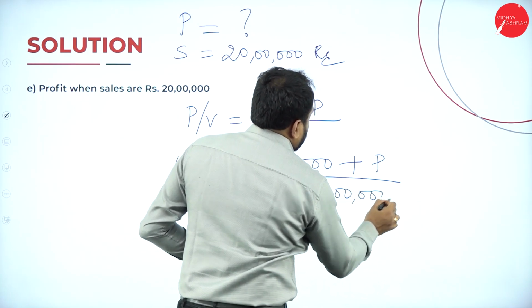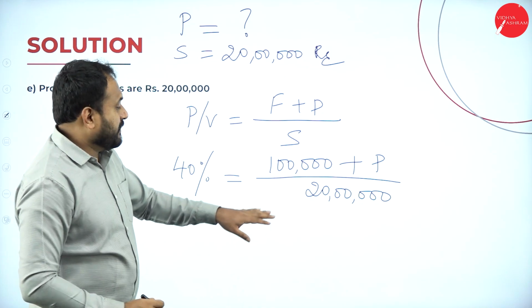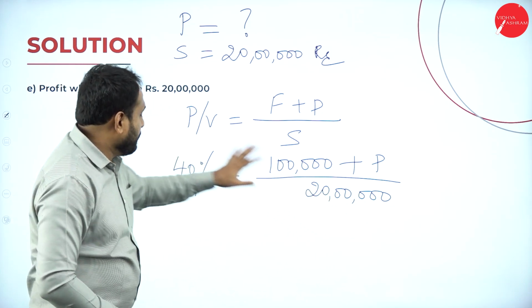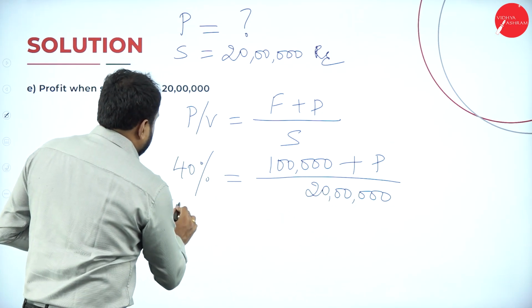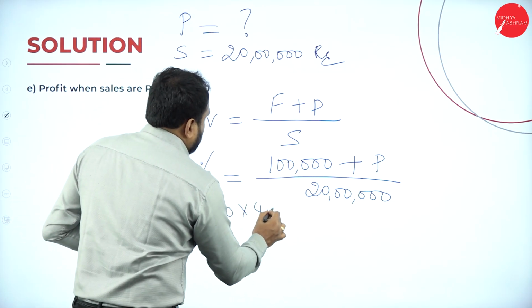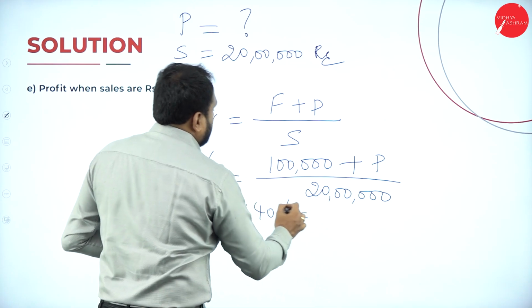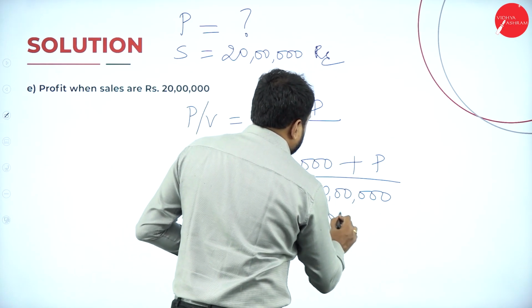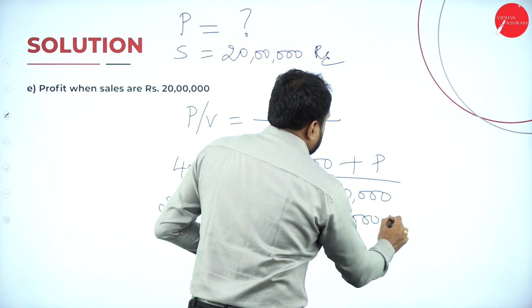That means 20 lakh into 40% is equal to 1 lakh plus profit.